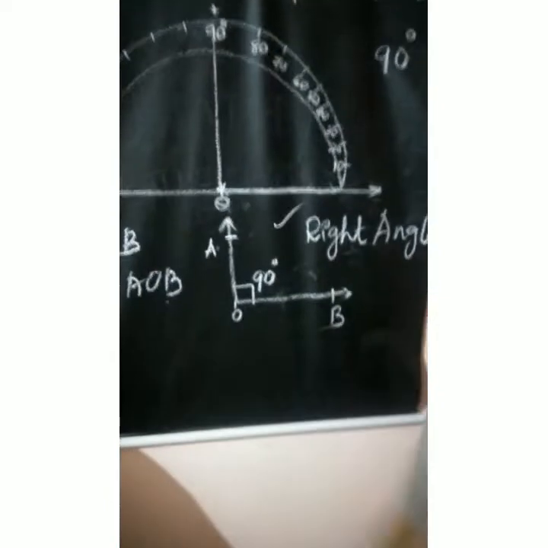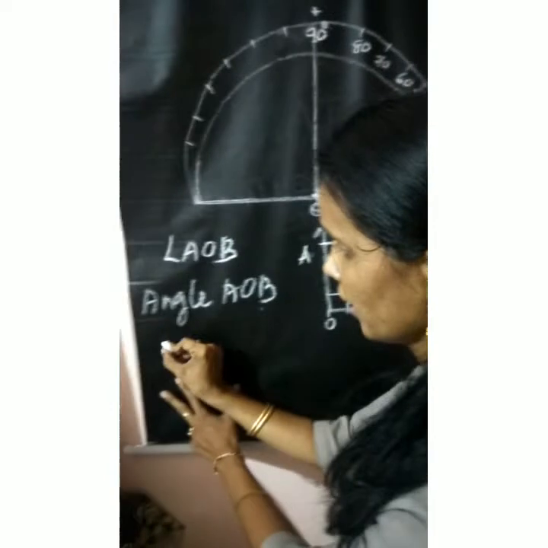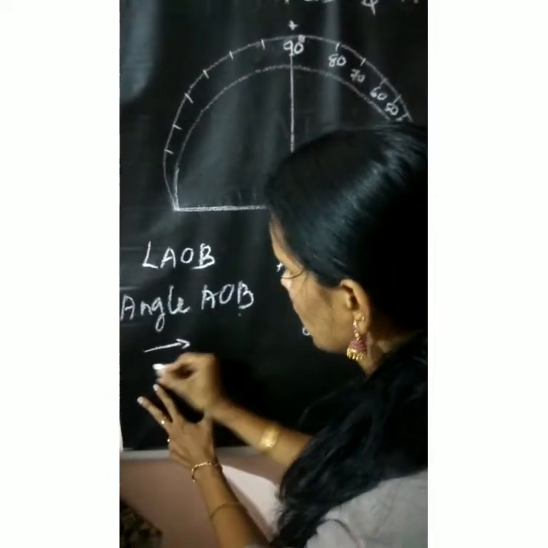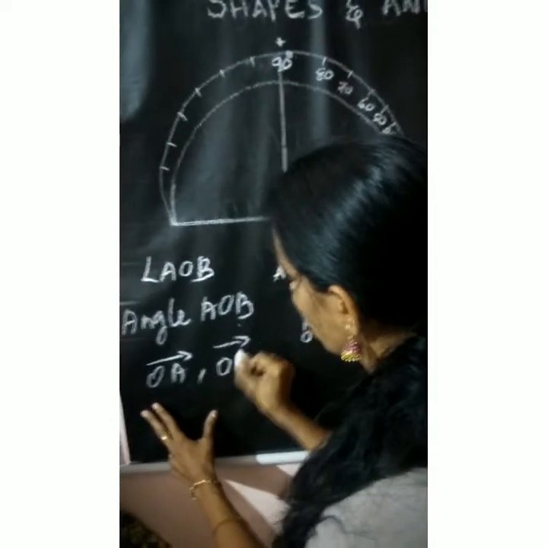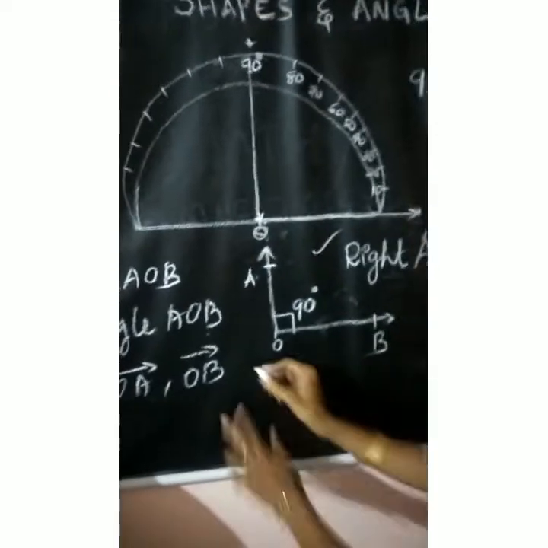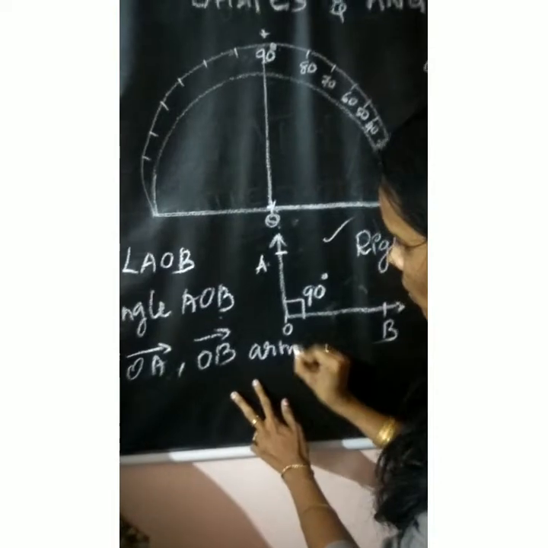Once again sharing the previous knowledge: OA and OB are the arms of this right angle.